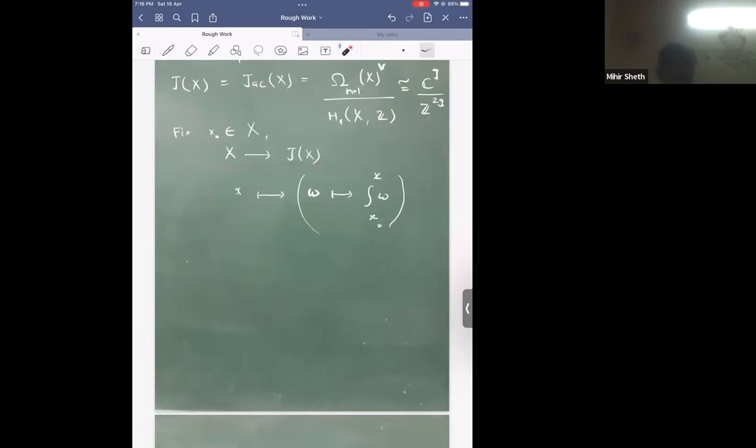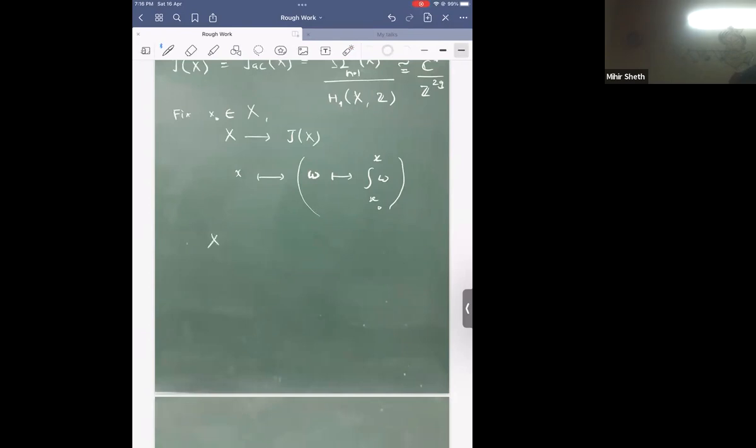So this map from X to J_X is universal, in the sense that if you have any other map from X to a complex torus, it factors through this map.